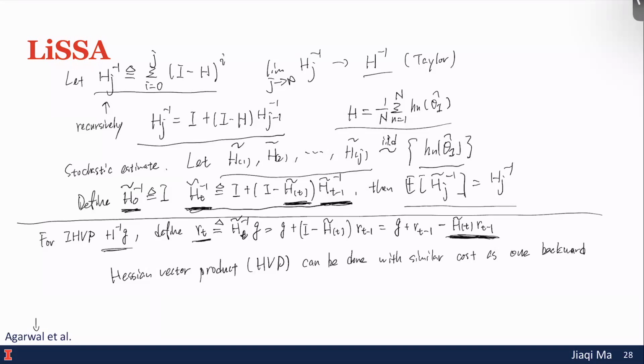So this is reasonably efficient, but still in practice there are two limitations. First, J could be too large to be accurate.